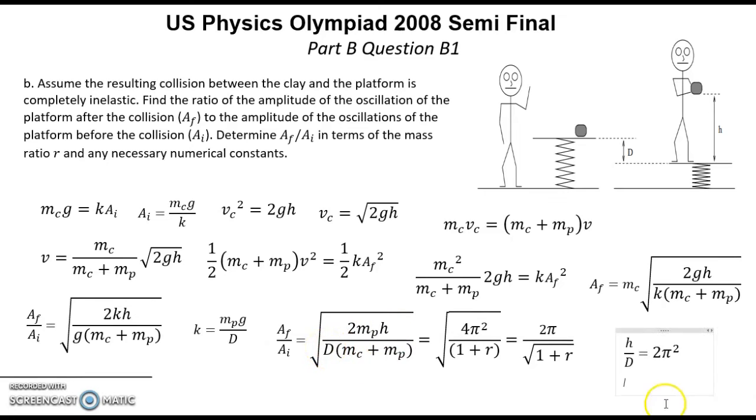That was this one, and finally we will get this formula, and totally this is our answer: 2 pi over the root of 1 plus r, where r is the ratio between mc and mp. So that's the solution for question B.